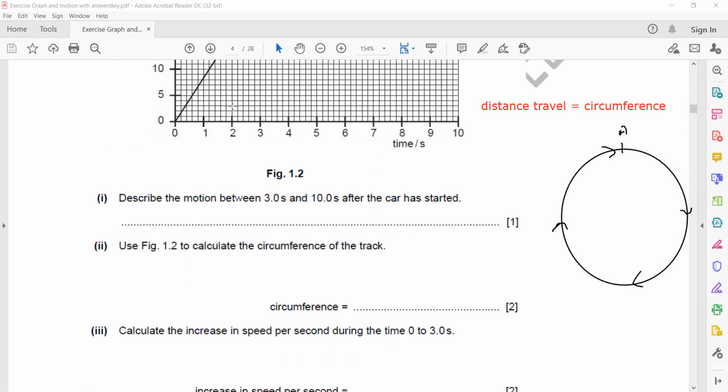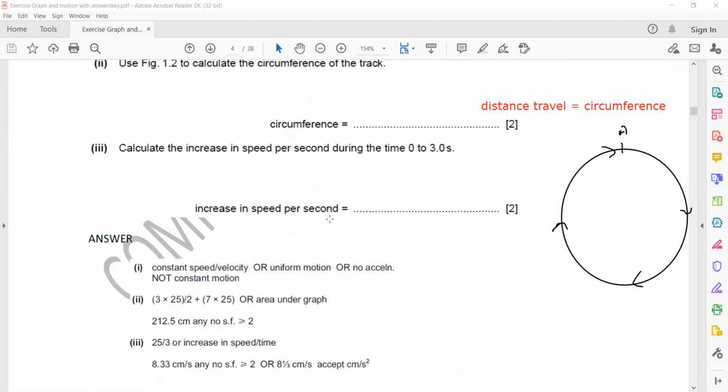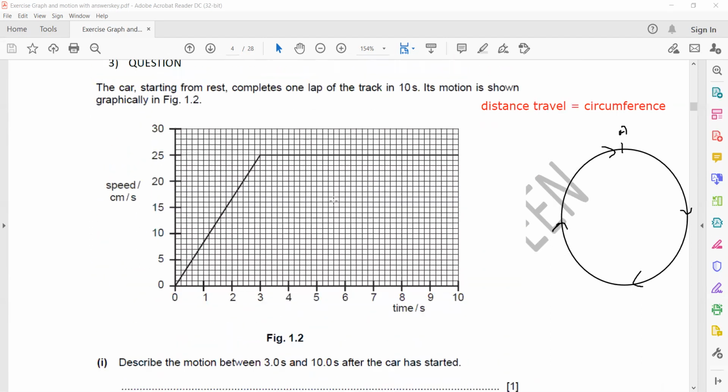There are two ways. Either you can use a trapezium or you can divide it into a triangle and a rectangle. If I use a trapezium, these are the two parallel sides. This is the first parallel side. This is the second parallel side.